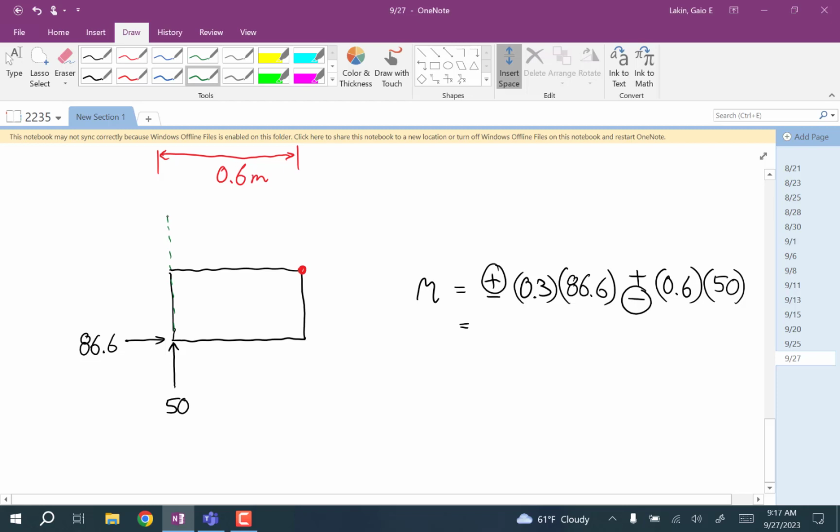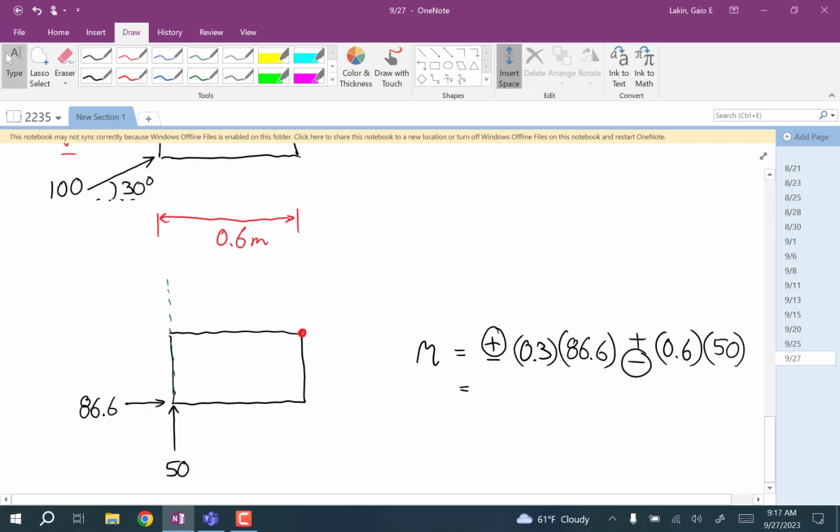Okay, so that's just using the equipollent idea. Yeah, that's right. So this distance to that green line is 0.6, and the distance from the about point to the blue line is 0.3. Okay, and then one is clockwise and the other is counterclockwise. Right, exactly. Yep.